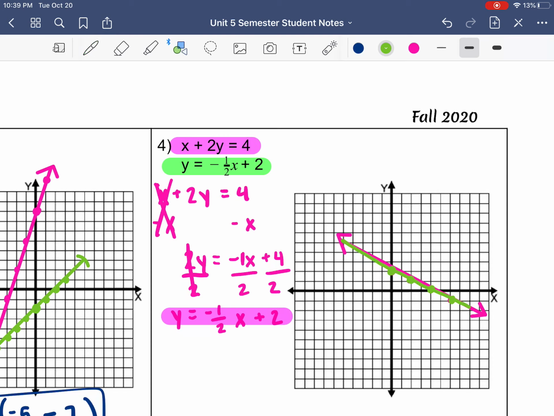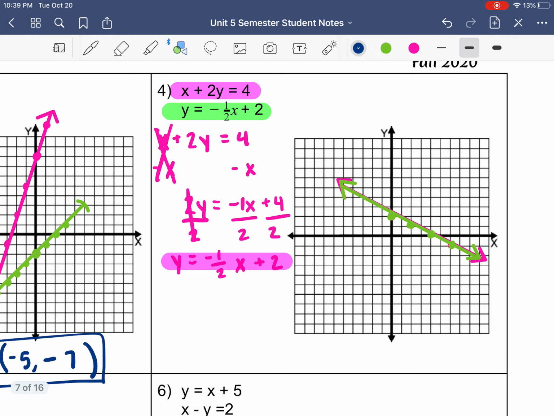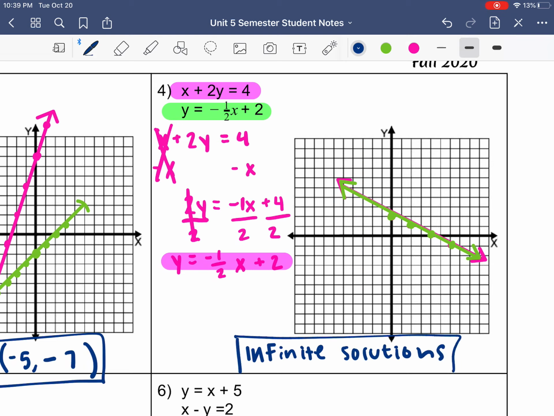When the two lines are the same, they would have the same graph, of course. If they have the same equation, they're going to have the same graph. And so those lines are touching in literally every single place on the line. We call that an infinite solution. There is not only one place they cross, at every single point on the line.